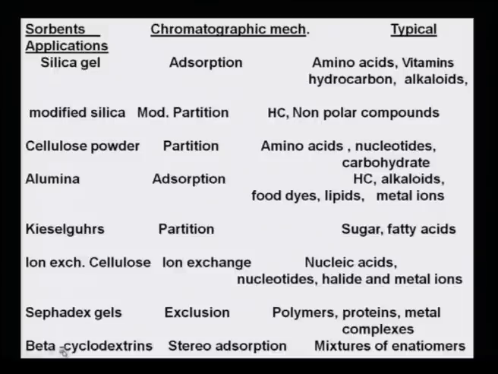That means it is used for larger molecules. Beta cyclodextrins are the sorbent material for the mechanism which is stereoadsorption, and it is mainly used to separate enantiomeric mixtures.